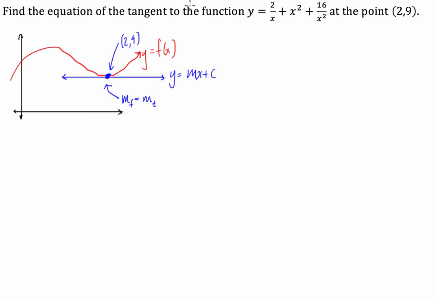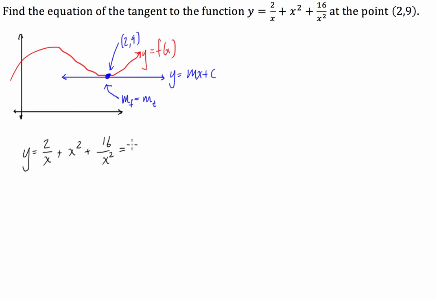We've got this function here. We'll write it down again. y equals 2 over x plus x squared plus 16 on x squared. Now, to find the gradient of the function at x equals 2, y equals 9, we're going to have to take the derivative of this. So what I'm going to do, my sort of method when I'm dealing with fractions where the x is in the bottom or the denominator, is I always bring the variable into the numerator.